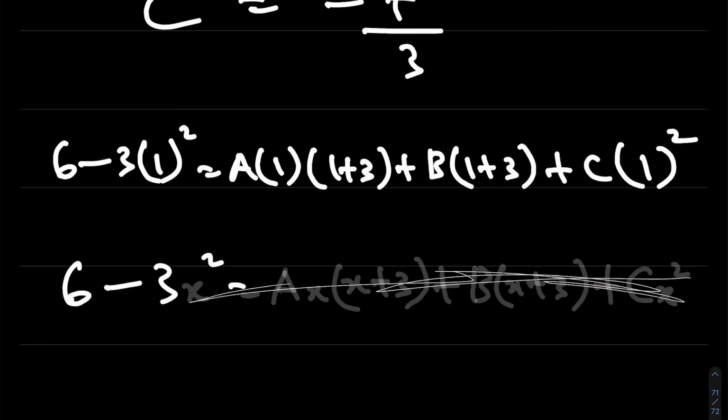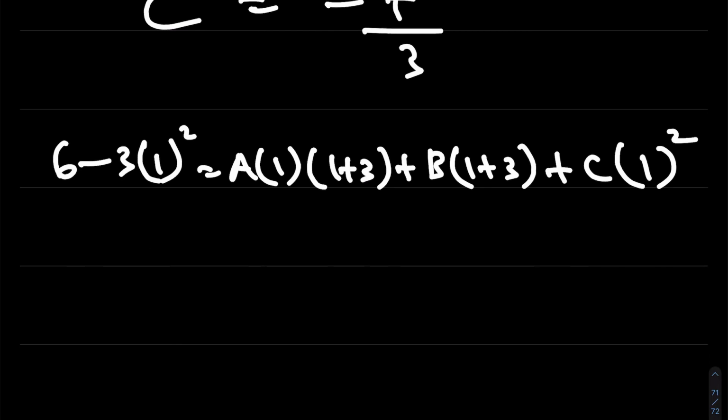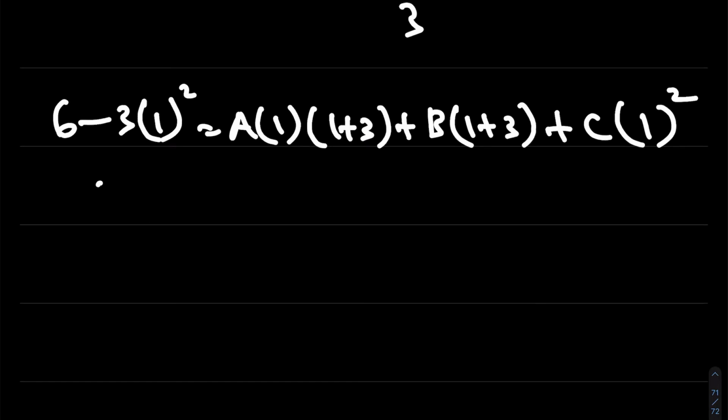Now I can erase this, and that simply means 3 equals, of course, 1 squared is 1 times minus 3, that's minus 3, 6 minus 3 is 3.